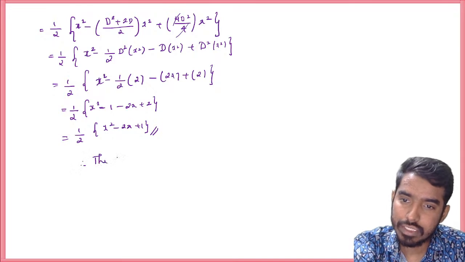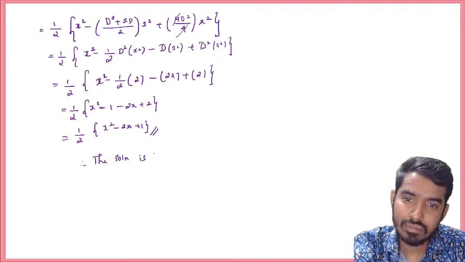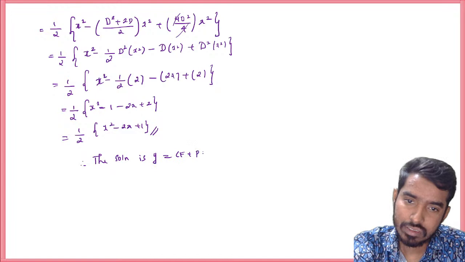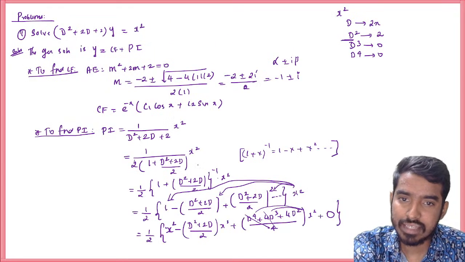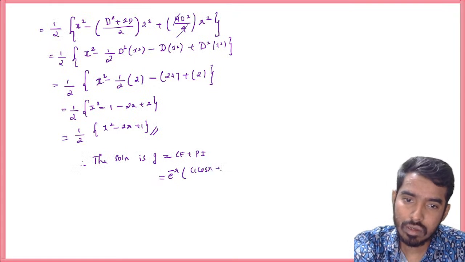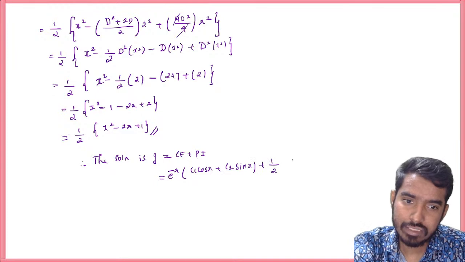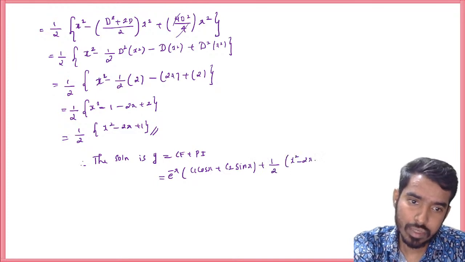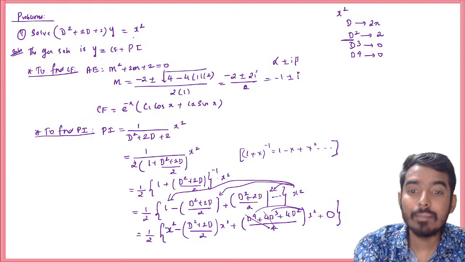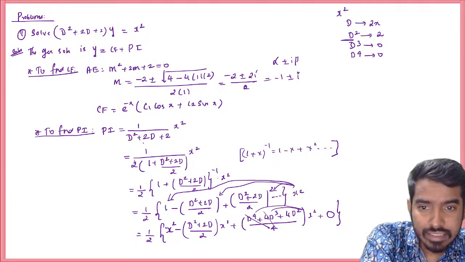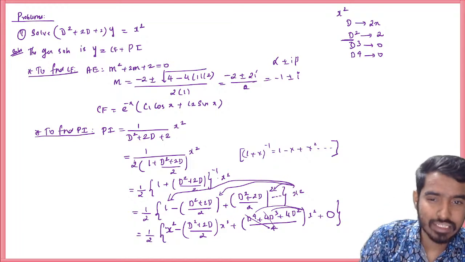Therefore, the solution is, if you understand the single problem, everything will be very easy. PF plus PI. PF is e power minus x (c1 cos x plus c2 sin x) plus PI is 1 by 2 (x square minus 2x plus 1), right? So RHS is a polynomial in x. You consider this as a polynomial now. See, this is just for understanding.